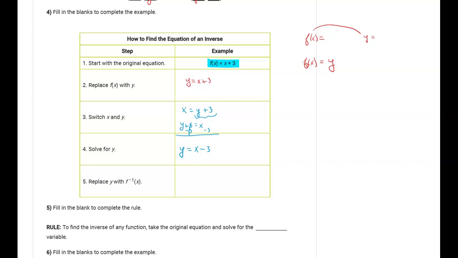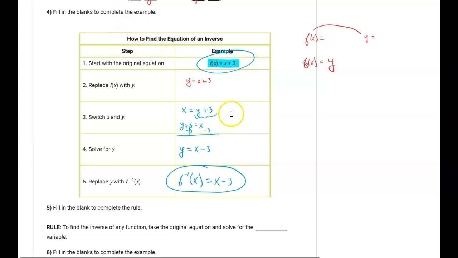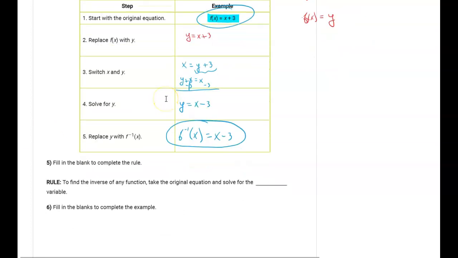My final answer, because this is the inverse of that function, instead of f of x we use f inverse of x, which would be x minus 3. So the inverse of this function is x minus 3. To find the inverse of any function, take the original equation and solve for the input variable.